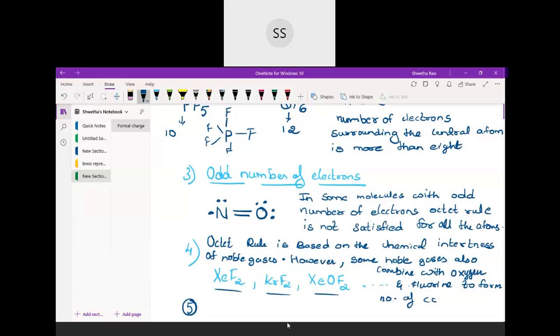Okay, number of compounds you can list. After that you can list this to form number of compounds.